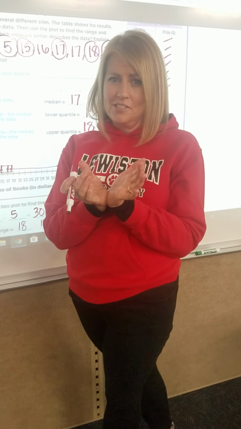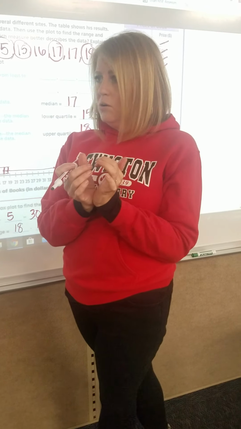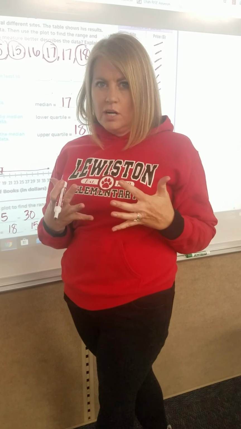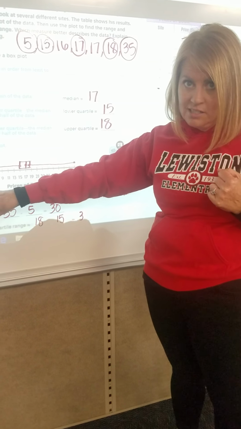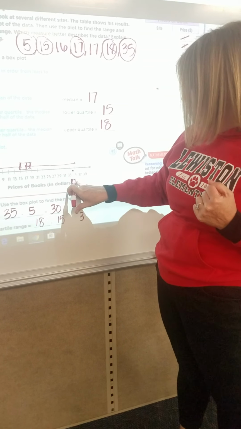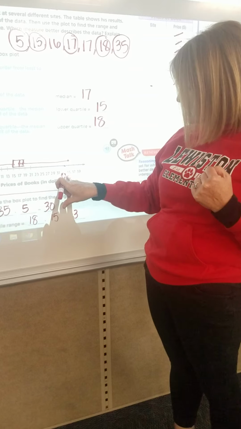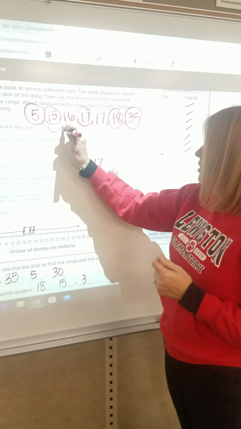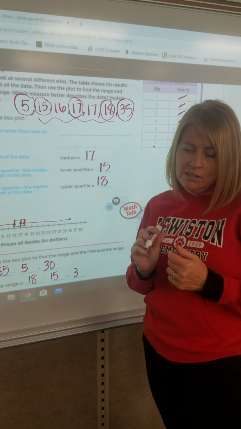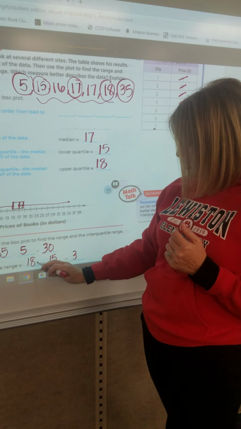That's not very much. Okay, so let's think about this. We're at a bookstore. The least expensive book is $5. The most expensive book was $35. And then we had quite a few books, all of these in the middle, that were within 3.